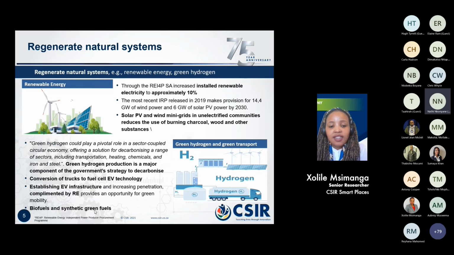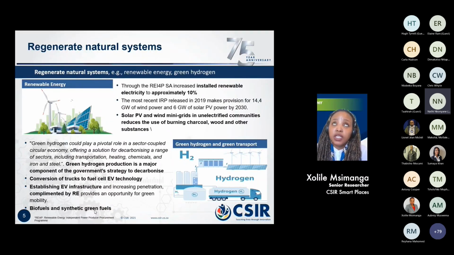The last circular economy opportunity is looking at regenerating natural systems, which includes things like renewable energy and green hydrogen. South Africa has come some way in their journey to increasing renewable energy in the country.